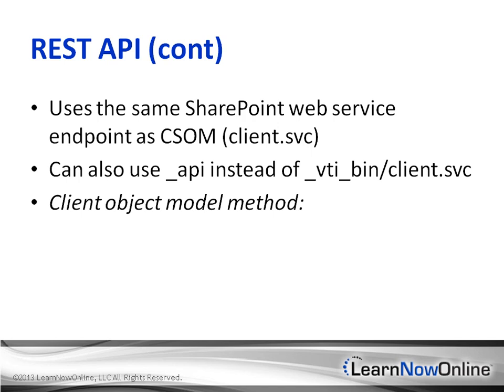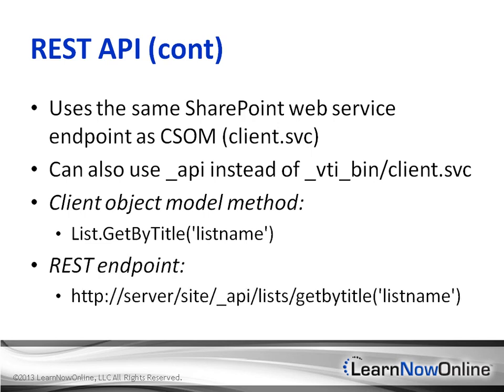Let's take a quick comparison here. If I want to get a list by its title, I would use the list object's getByTitle method and pass in the list name. For REST, it's pretty similar. I'd have my URL and whatever site I'm in, and then _api and then /lists.